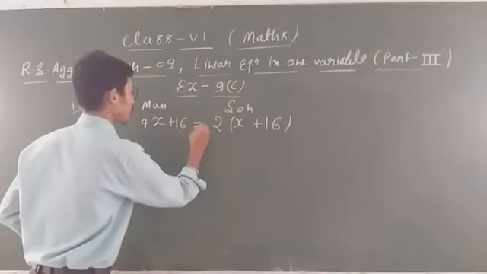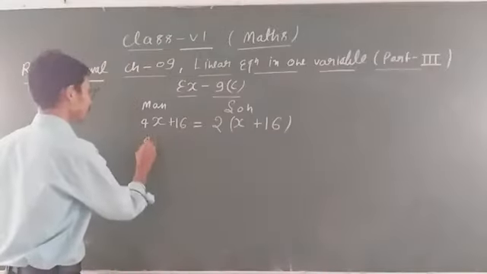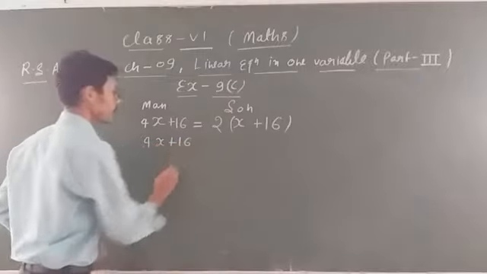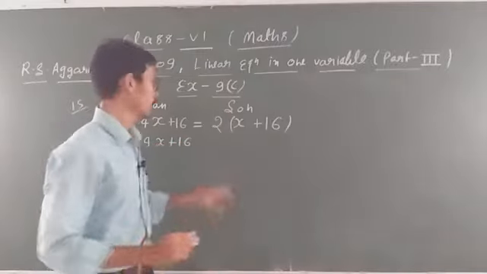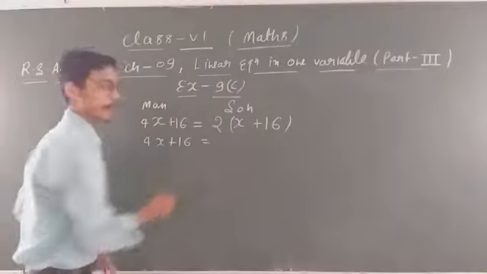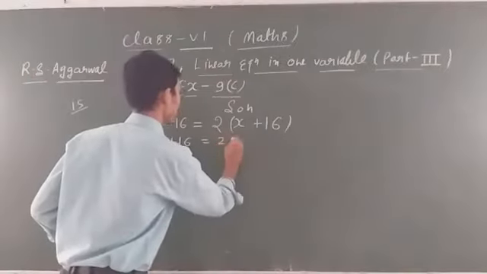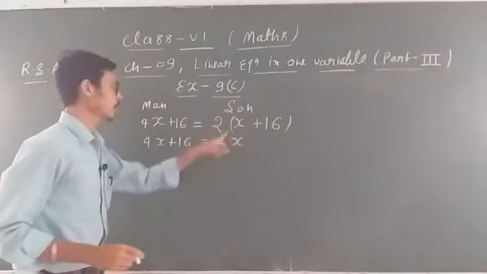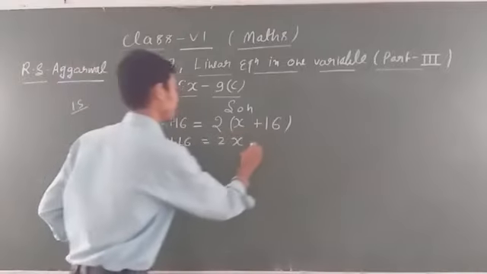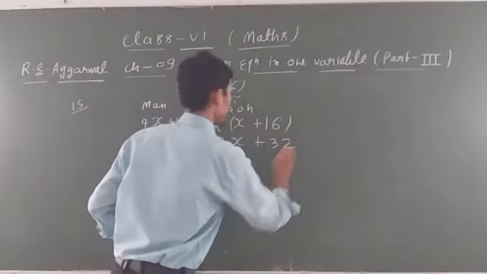Now it will become equal. 4x plus 16, the same you will write, equal to 2 multiplied by x, which is 2x. 2 into 16 will come 32.